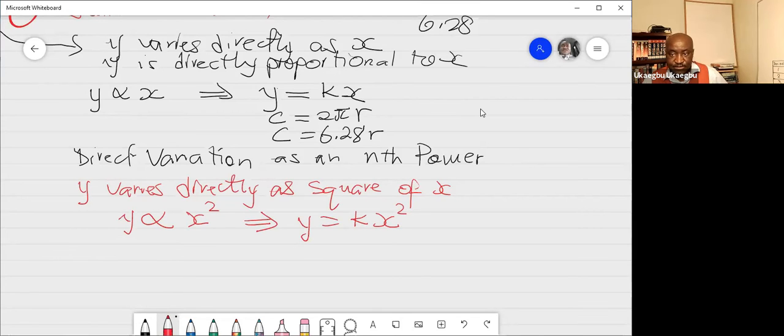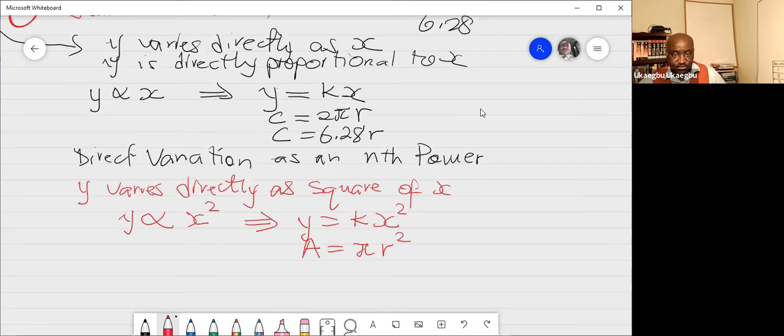Okay. Now a classical physical quantity that can be represented by this variation as an nth power would be the area of a circle. Area is pi r squared. See, we started using area and circumference many years ago in either Math 8 or Math 7 or even Math 6.